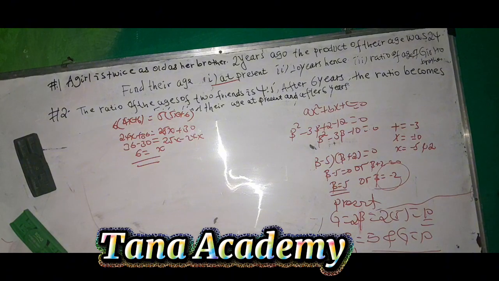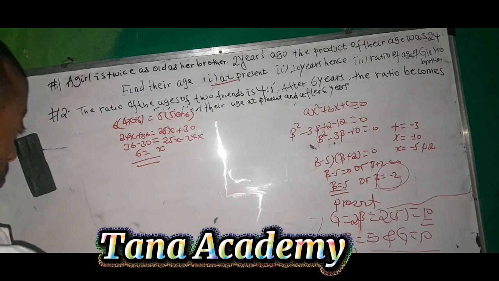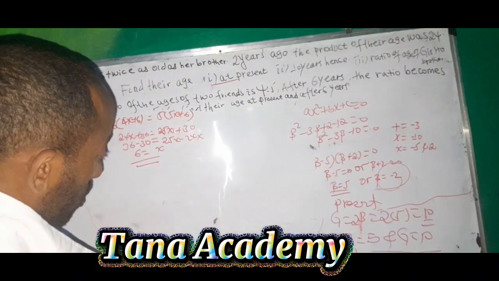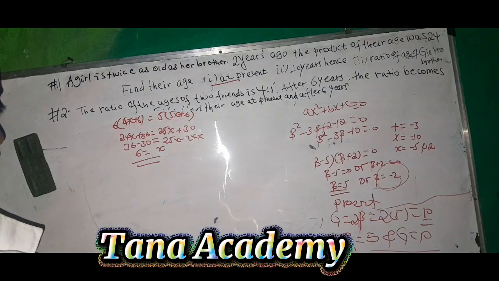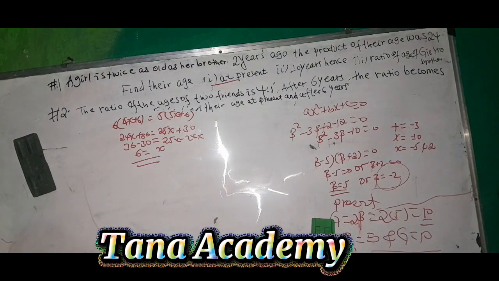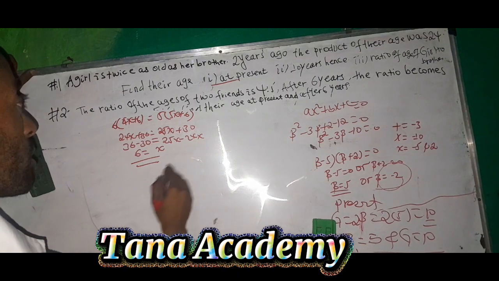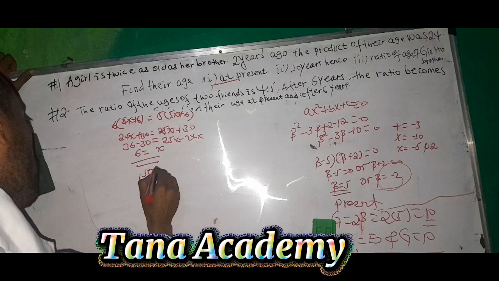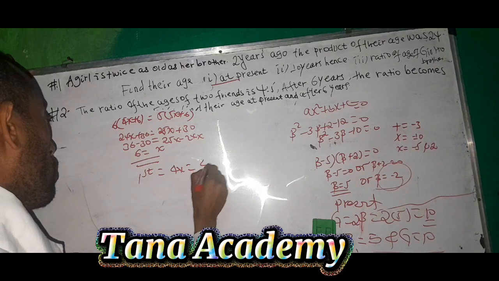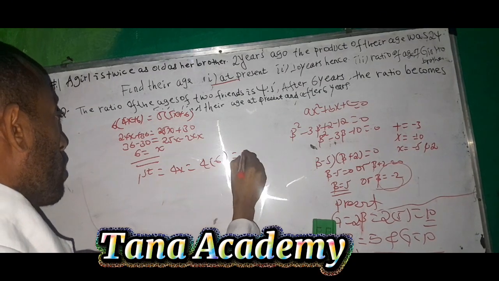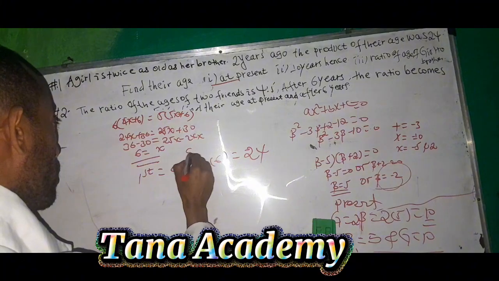The first friend is 4x, which is 4 into 6, equal to 24 at present.